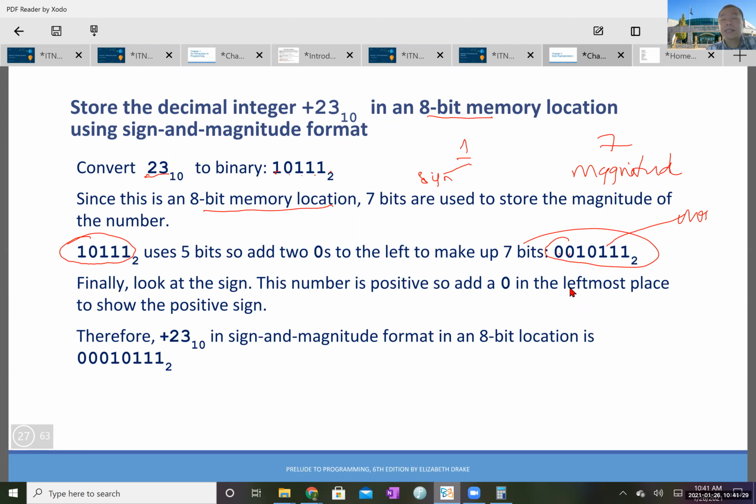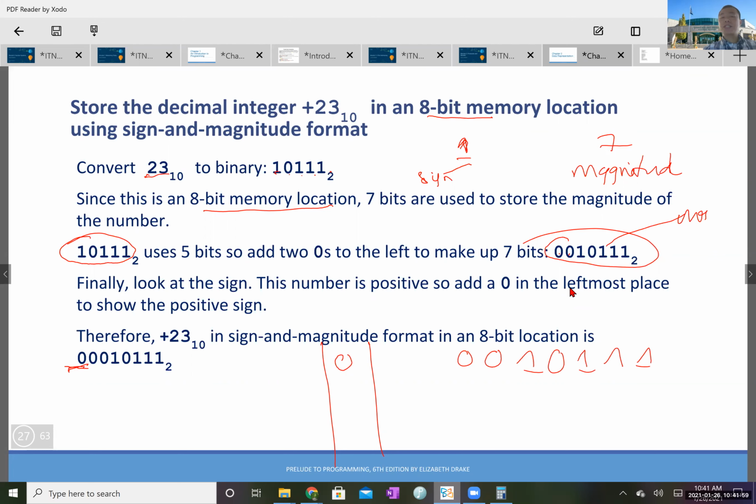And now the sign bit. Whenever the number is positive, you put the number 0 here. So if you look at this, you break it down into 2 portions. The first portion is the leftmost bit, which is the sign, and the 7 bits, 0 0 1 0 1 1 1, are the magnitude.